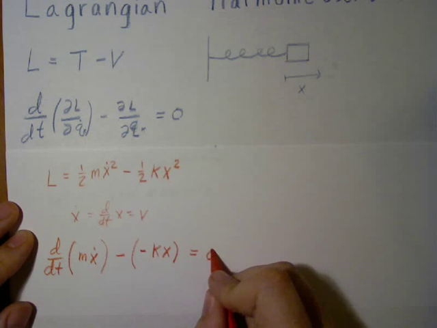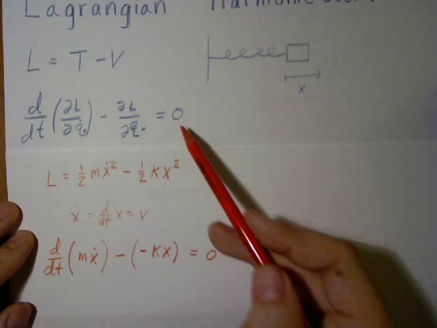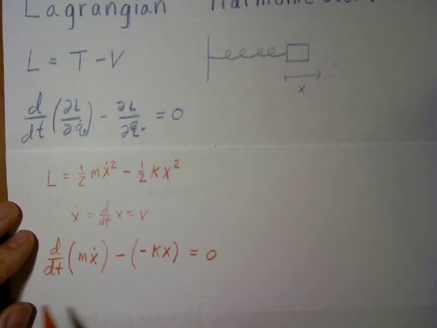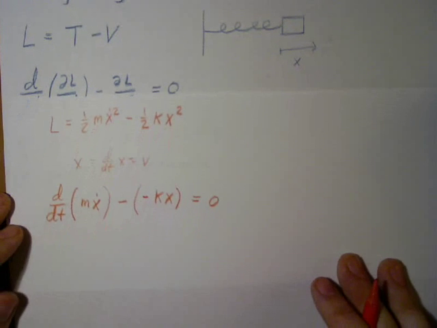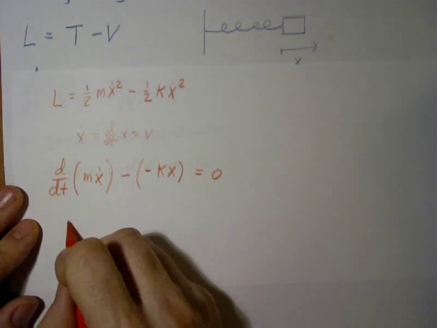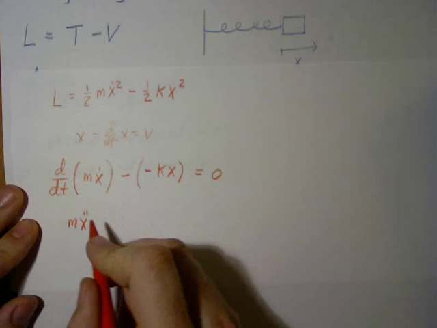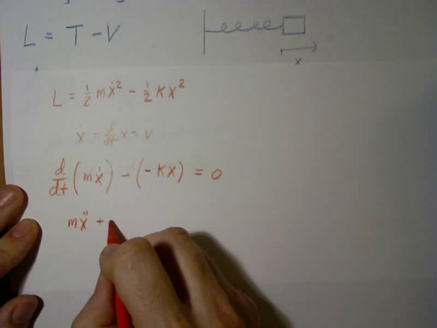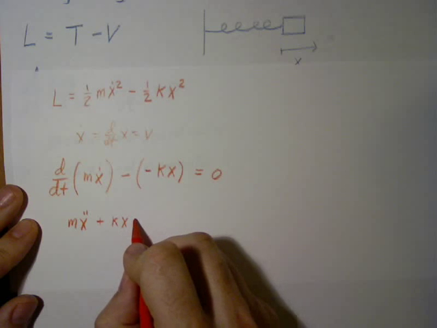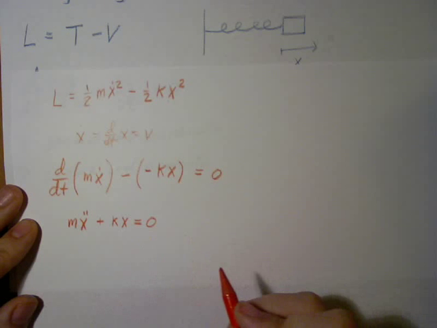All this equals 0. Now, I simplify this and I get m x double dot plus kx equals 0.